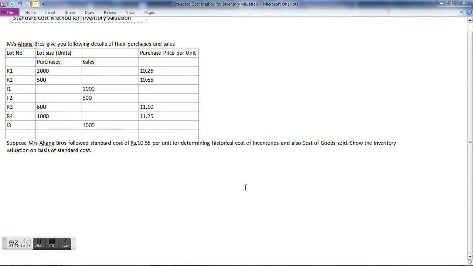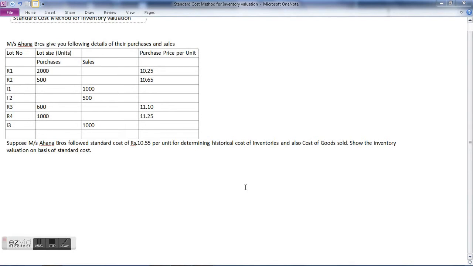Once we find the standard cost of purchases, we calculate the variance. Variance is the difference between the standard cost and the actual price. If the actual price is less than the standard cost, we will value our inventory as per the standard cost. And if the actual price is more than the standard cost, we will value the inventory as per the actual cost. Now let's begin.